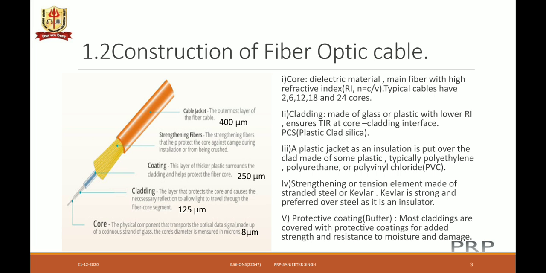So this ensures that the total internal reflection at core cladding is taking place and the light is forced to bend itself within the core, or contain the light within the core itself. When it is plastic for the cladding, it is called plastic clad silica, or it could be hard plastic silica.